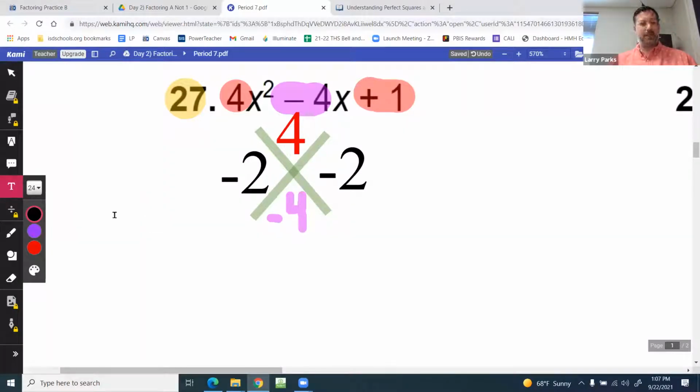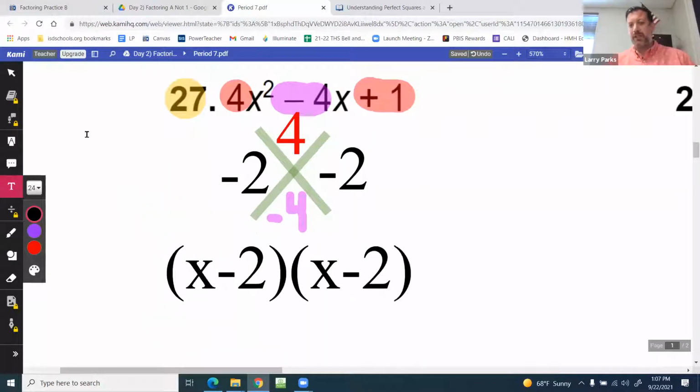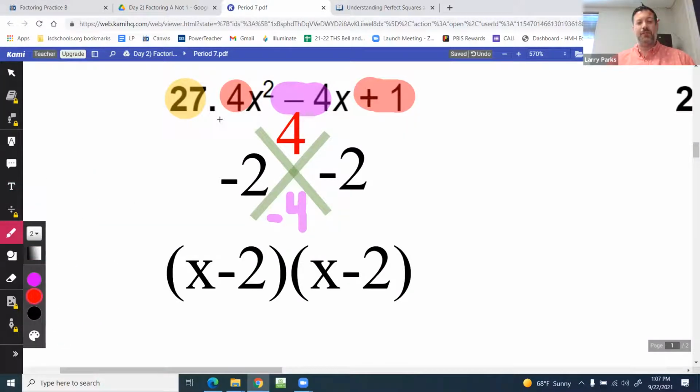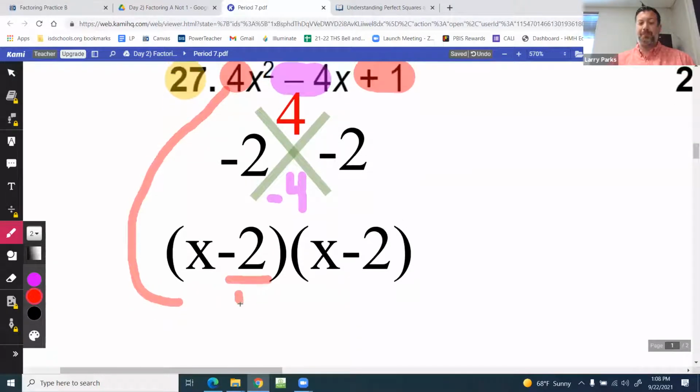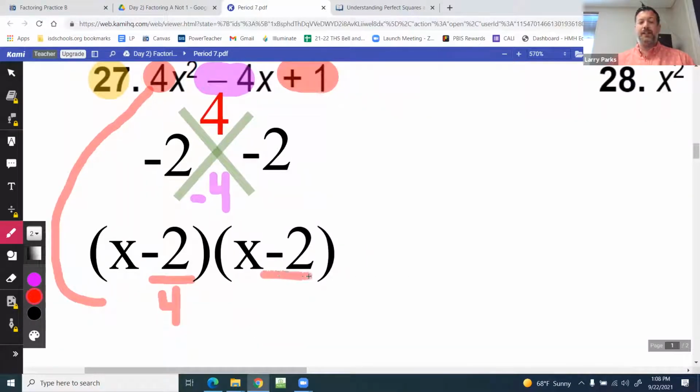Now, it might be tempting to jump to this step and go, oh, okay, x minus 2, x minus 2. And if a was 1, you would be correct. However, we need to take into account this 4. So we're going to actually take this 4, and this is called the slide and divide rule. We are going to divide this by 4 and this by 4.